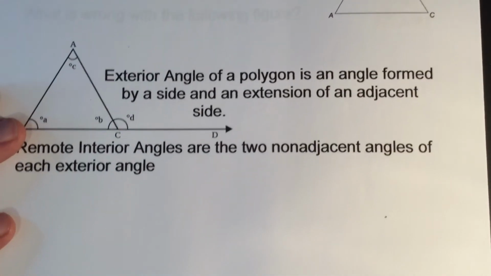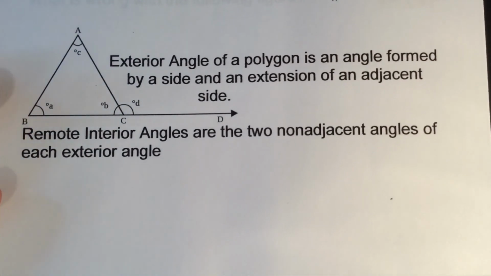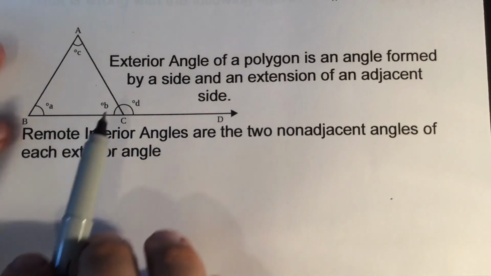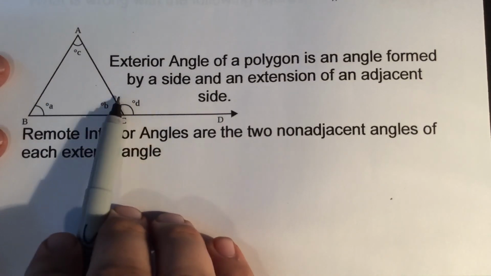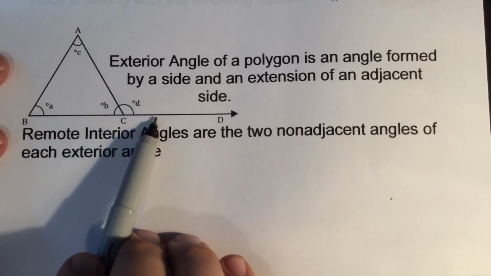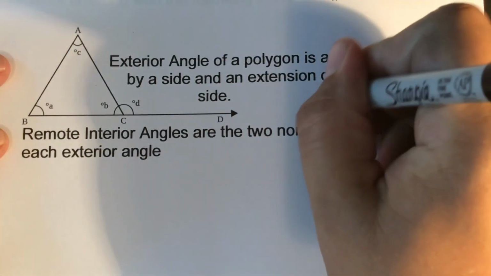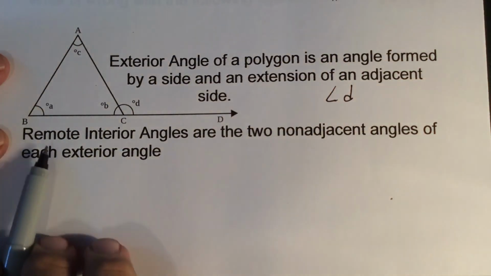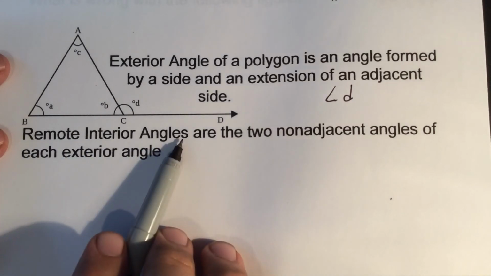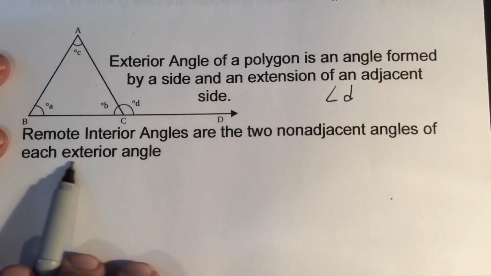Now, with triangles, an exterior angle can be formed by the side and extension of the adjacent side. And so this will work for any polygon, including triangles here. So we're going to focus on triangles at the moment. But this would be your exterior angle, angle D. Then we have our remote interior angles, which are the two non-adjacent angles of each exterior angle.